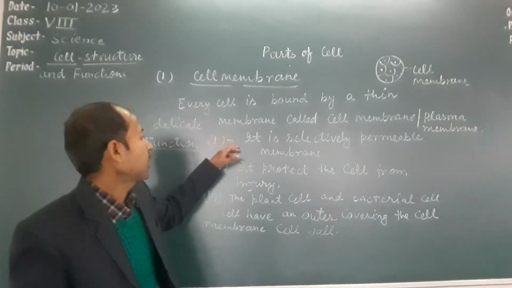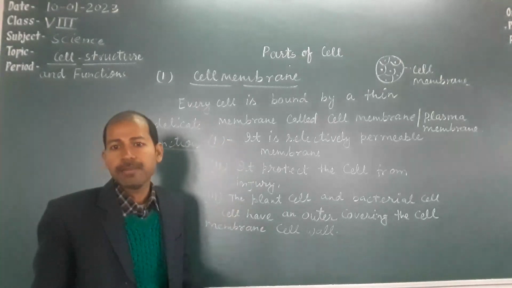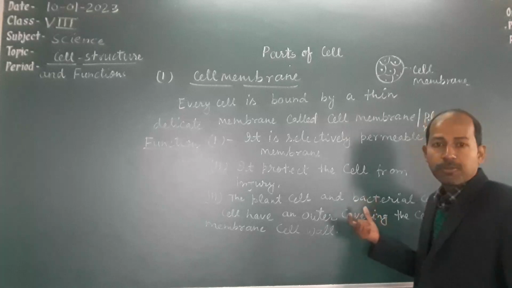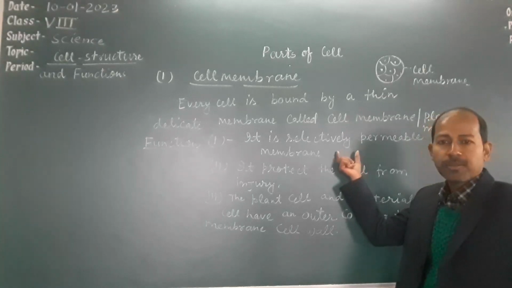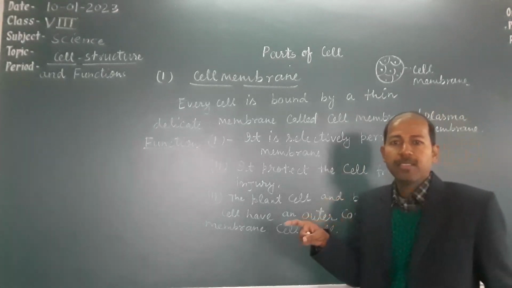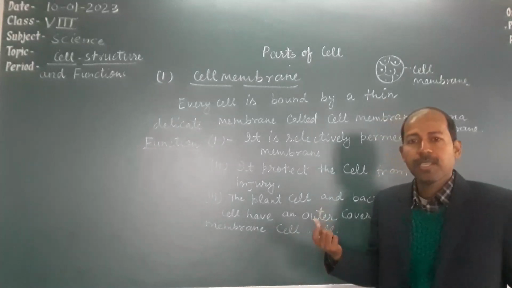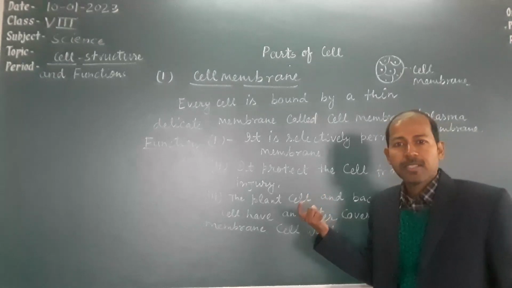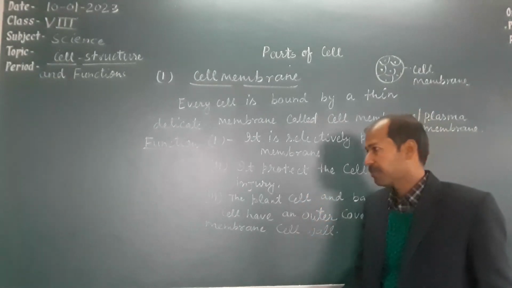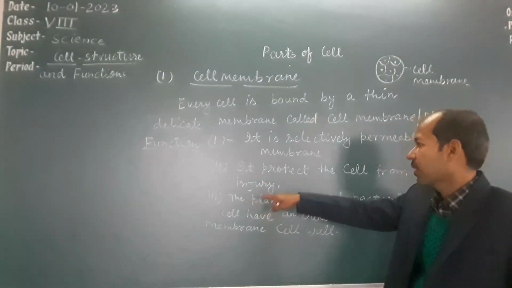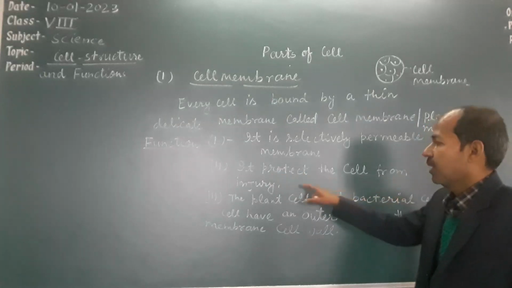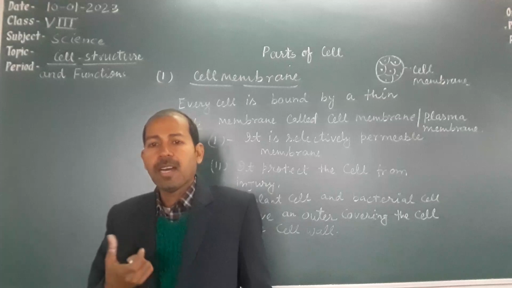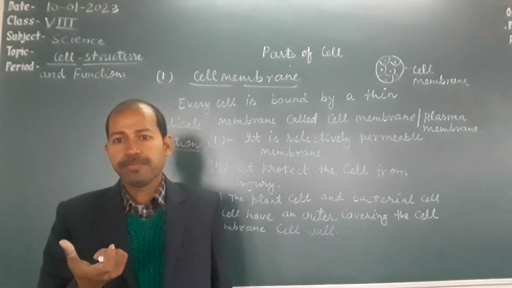So it is the special function of the cell membrane that it only allows selective substances to move inside the cell and outside the cell. Second function, it protects the cell from injury. That is, it provides protection to the whole cell.